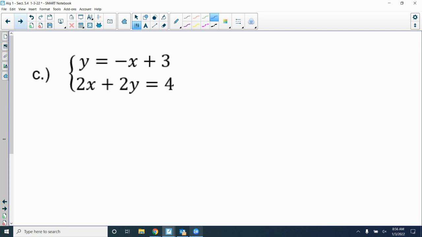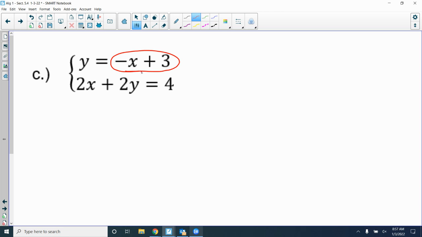All right, C, you got the same thing there for C? This one is set up not for elimination, but this is kind of set up for what method? Substitution, because I already have the y by itself. I got y alone. And you cannot add them vertically unless they are all lined up. So I'm going to do substitution here. I'm going to take -x plus 3, and where do we plug that in for?